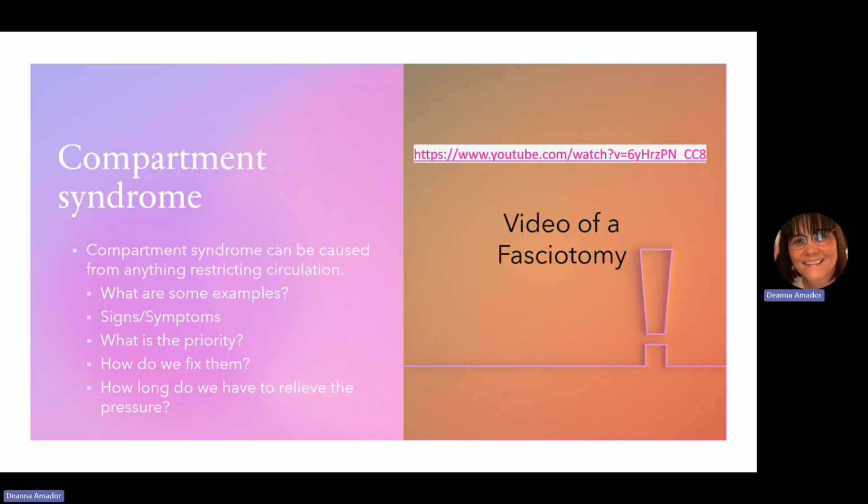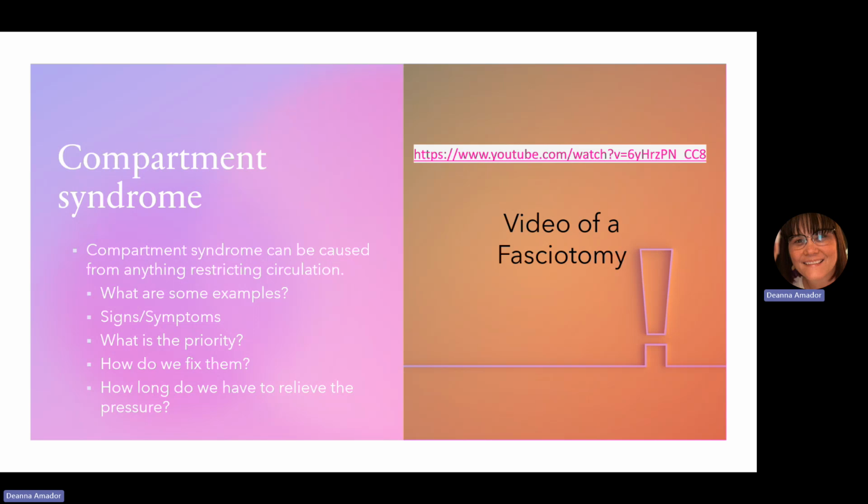Compartment syndrome is a rare but serious complication that can cause permanent loss of the affected limb due to neurovascular compromise. And it doesn't even have to be a limb because, as we've already talked, it can even be your abdomen. It can be anywhere that's causing these crushing symptoms to happen where the tissue is not allowed to expand.